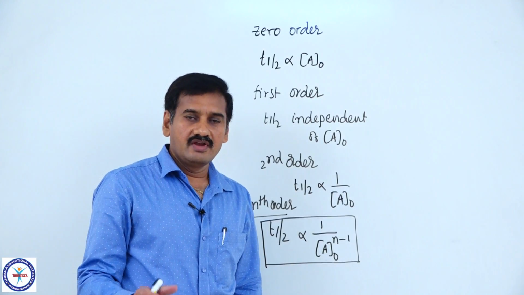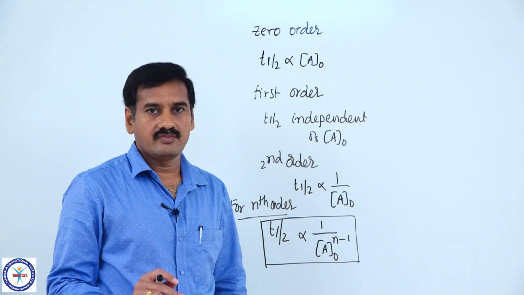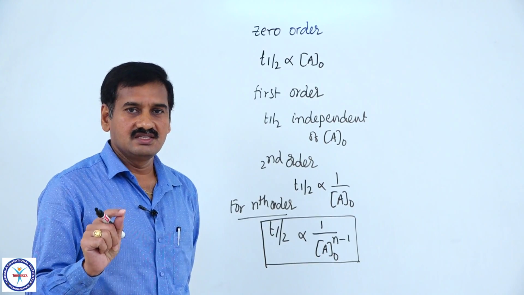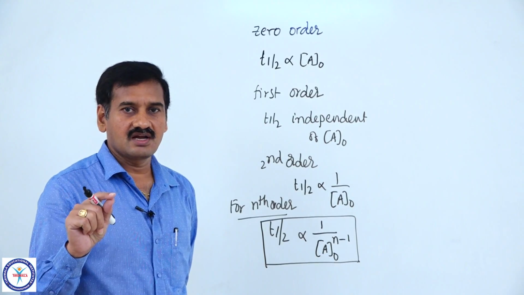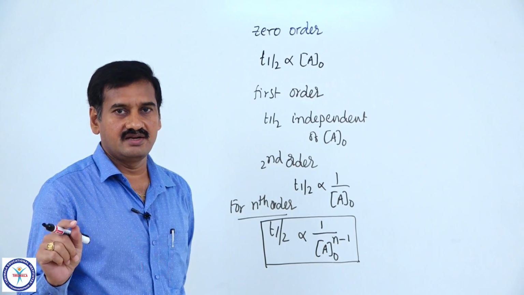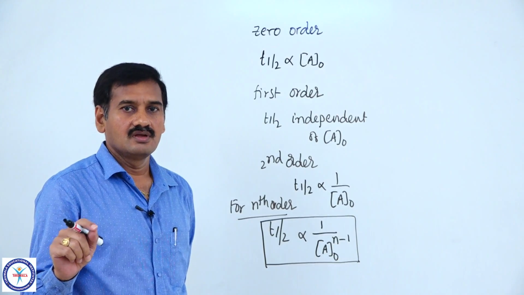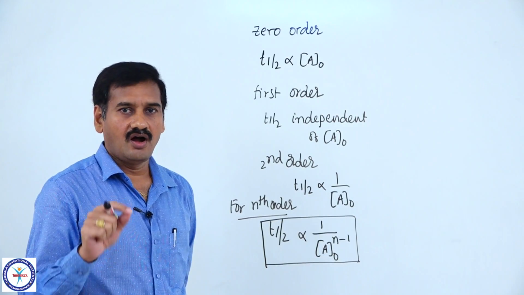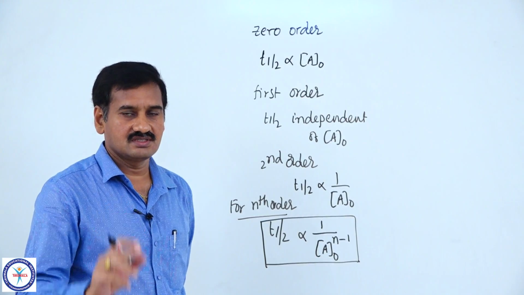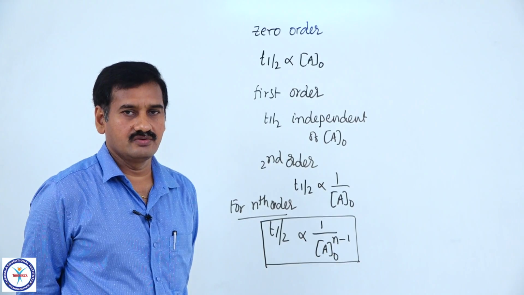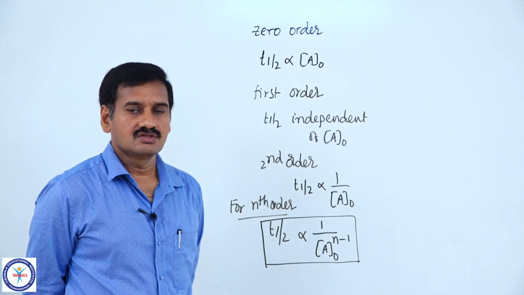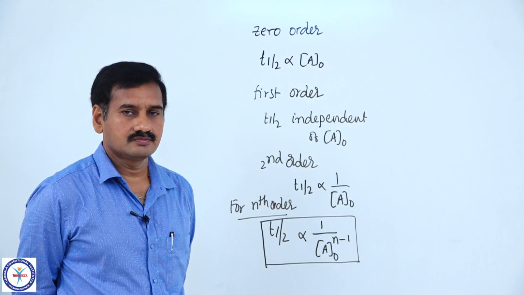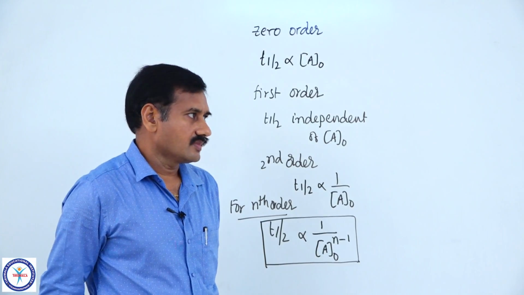Suppose the information given to you is half life of a reaction is equal to 1 hour if initial concentration of reactants is 100. If initial concentration of reactants is 200, half life period is equal to 2 hours. That is the question given to you. So, what is the order of reaction? I am repeating.